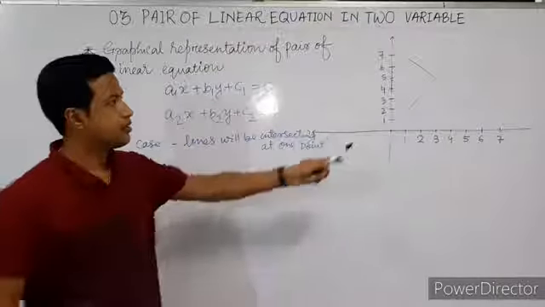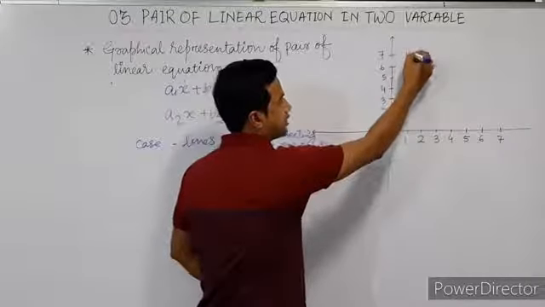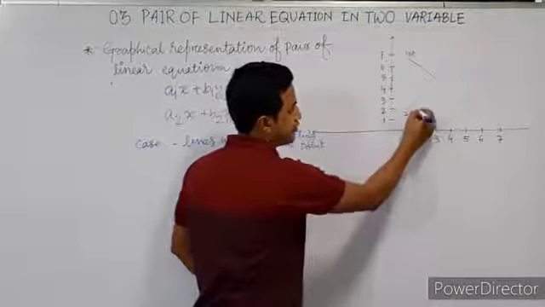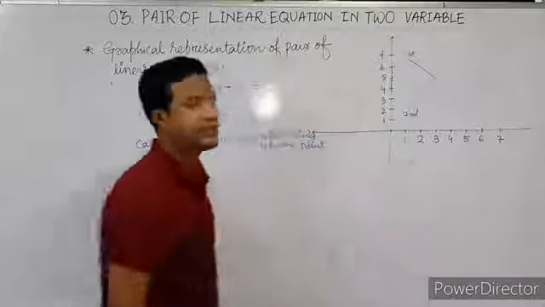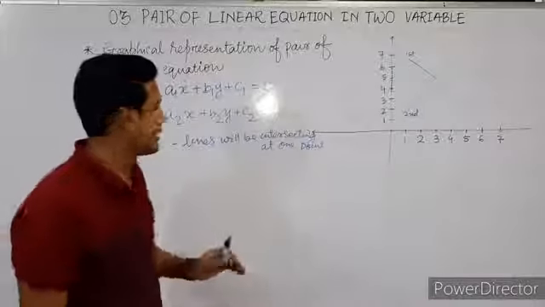You see here, this is the graph for the first linear equation, and this is for the second linear equation. We get intersecting lines. They intersect at a single point. This is the first case.